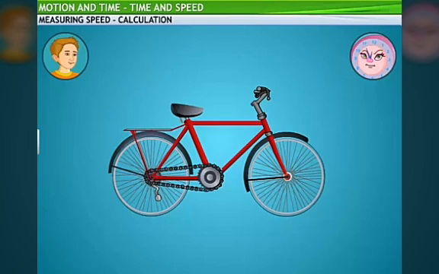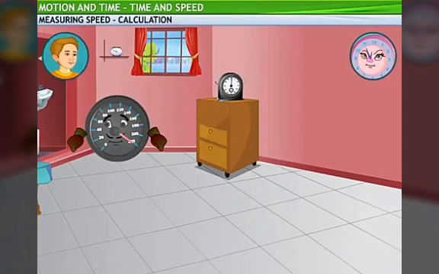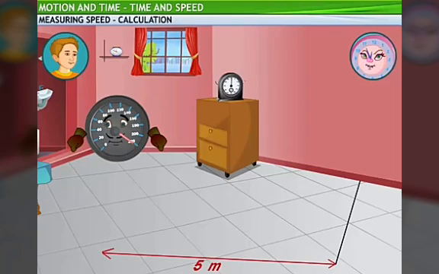So can we calculate the speed of Dennis's winding toy? Why not? Get the stopwatch and a piece of chalk. Here you are. Let's start by marking a line at the starting point on the floor. Mark another line at a distance of 5 meters away from the starting line.